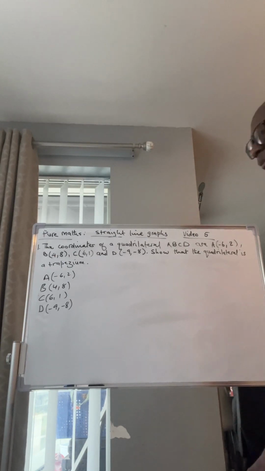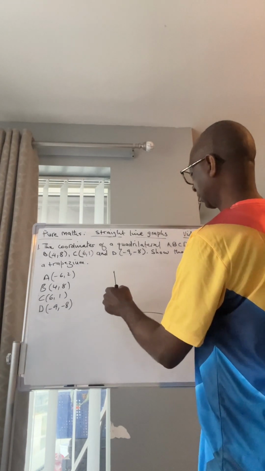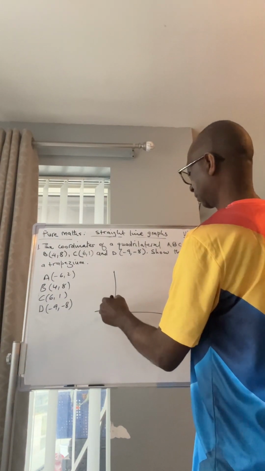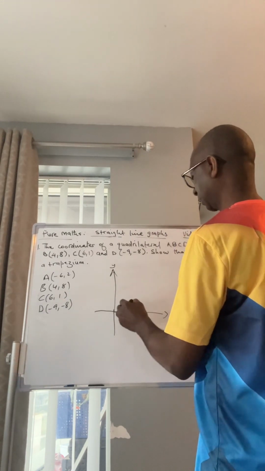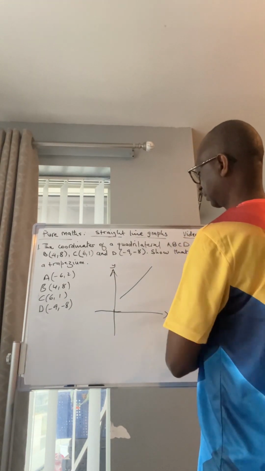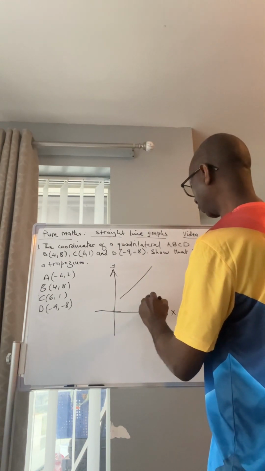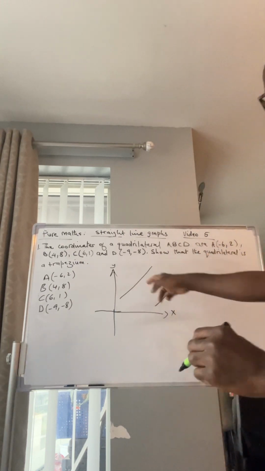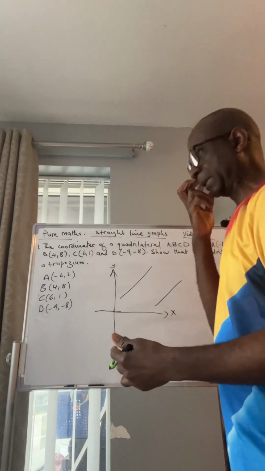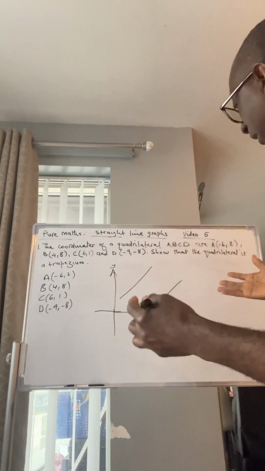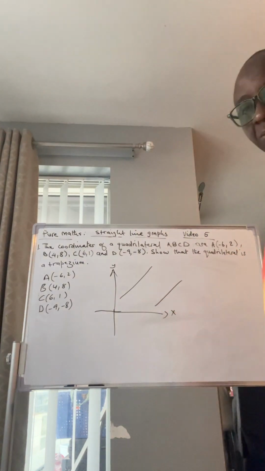If you have a graph like this, with y and x axes, and you have a line like this, and another line is parallel to this one, say it goes from here to here, what do you know about these 2 lines? We are not going to prove it, we are just going to state it. When 2 lines are parallel, it means their gradient is the same.